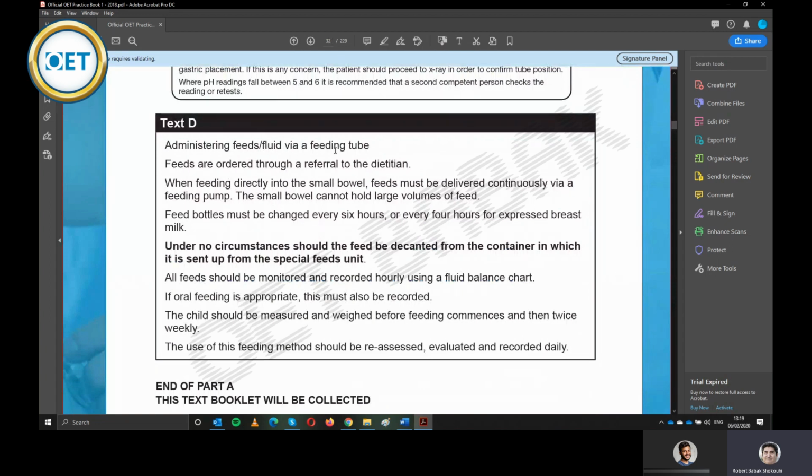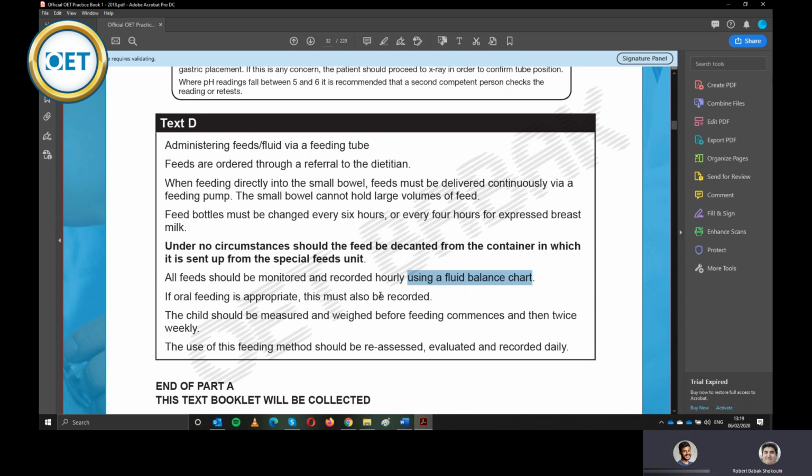Administering feeds or fluid via feeding tube. Feeds are ordered through a referral to the dietitian, so that someone, that was another question. When feeding, feeds must be delivered continuously through a feeding pump, cannot be large volumes, feed bottles, express milk, and all feeds need to be monitored using a fluid balance chart.